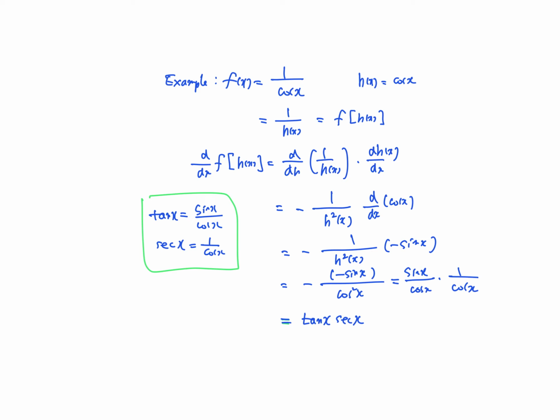So the derivative of 1 over h is minus 1 over h squared, because we know that d/dx of 1/x is minus 1 over x squared, right? So you use this property here. You just take h as an independent variable. Then 1 over h, if you differentiate by h, is minus 1 over h squared.